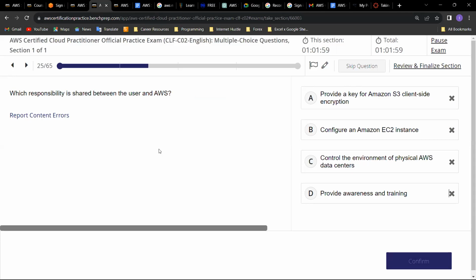Which responsibility is shared between the user and AWS? So we are looking at shared responsibility. So we are looking at security in the cloud that has to do with both the customer and then AWS.